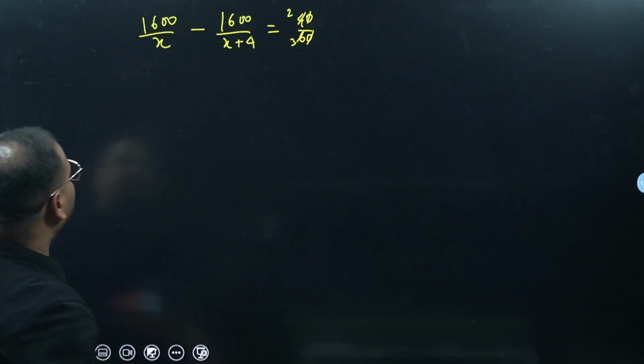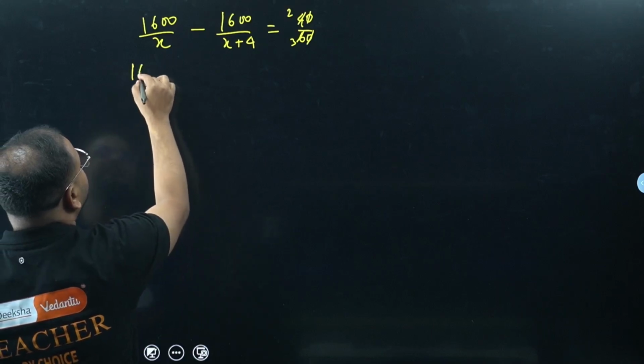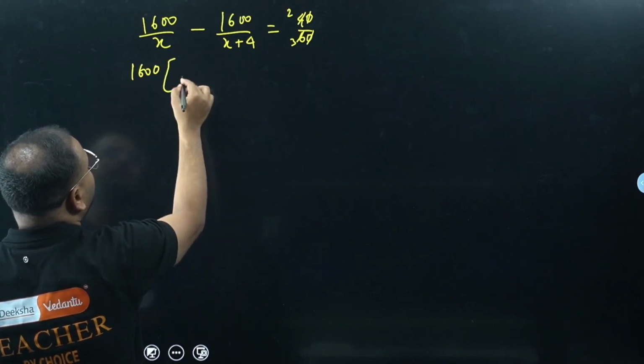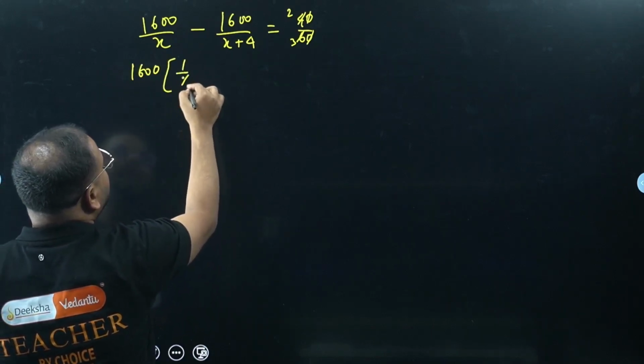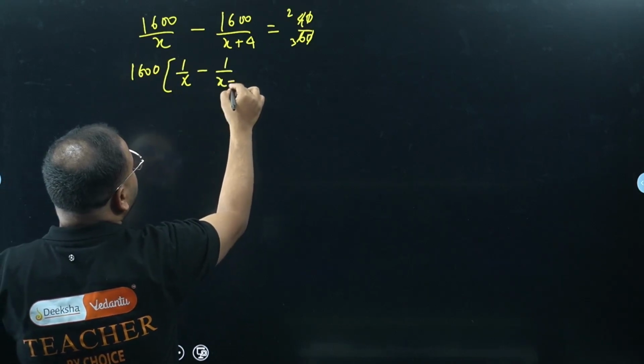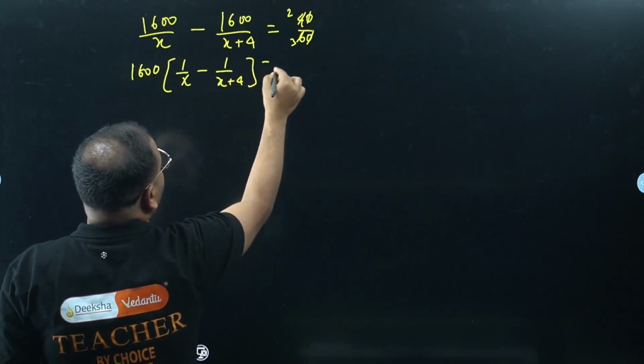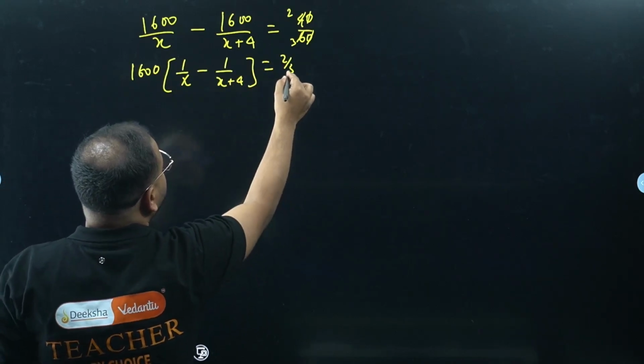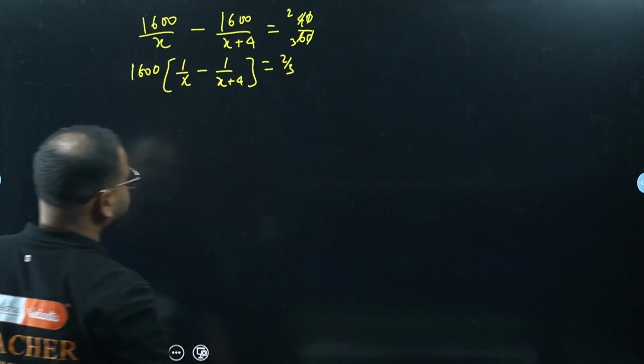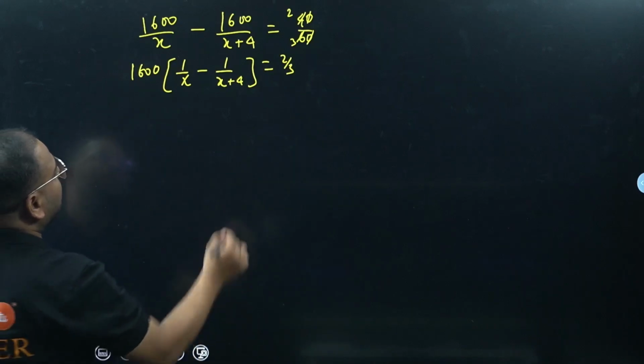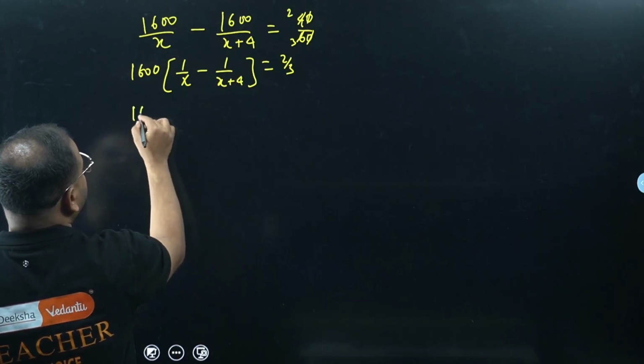Take 1600 common here. What is this going to be? 1 by x minus 1 by x plus 4 equals 2 by 3. Am I right? Great. So now simplify this further.